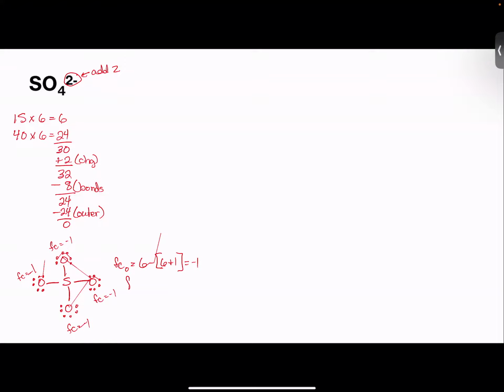Now let's do it for the sulfur. The formal charge on the sulfur: sulfur has 6 valence electrons minus 1 for every dot. It had 0 dots, and 1 for every bond. It had 4 bonds. So that leaves that sulfur with a plus 2 formal charge.